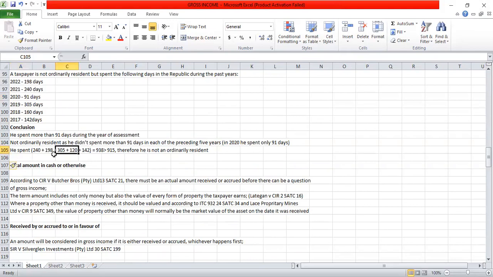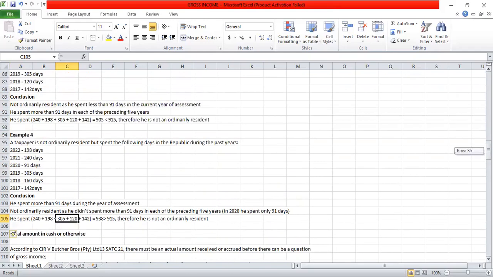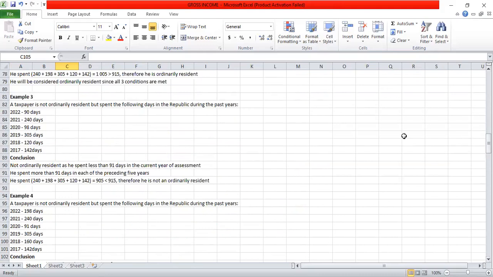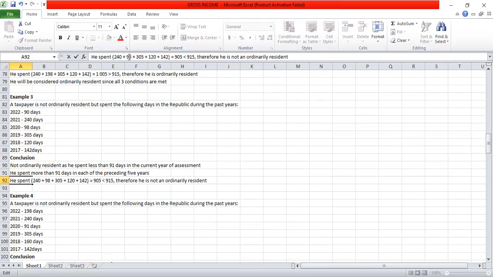160. 240 plus 91. You see what happens? I made a mistake, because I copied that other one from there. I think even this one should also be wrong. It's supposed to be 240 plus 98 plus 305.